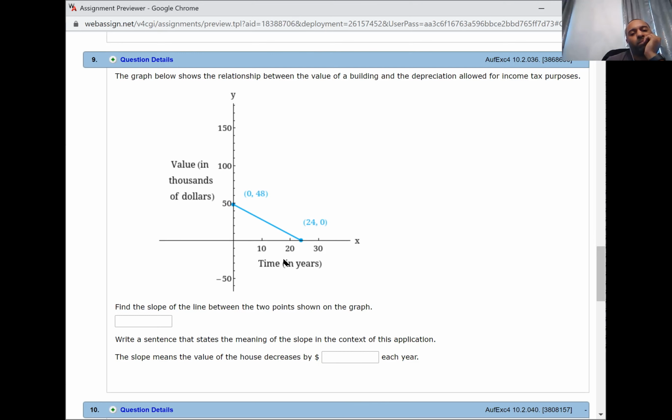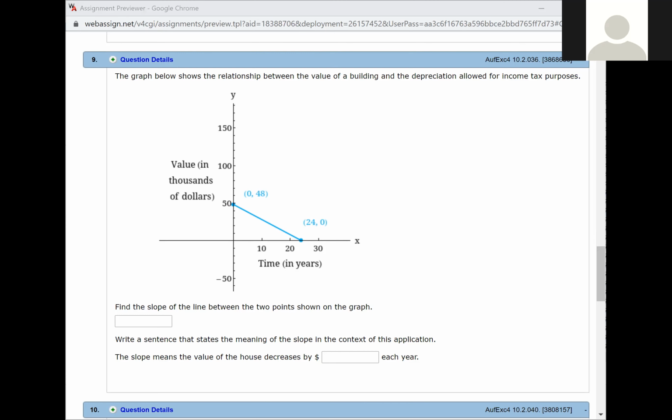The first point I have is 0 and 100, so 0 is X and 100 is Y. And then the other one is 20 for X and 0 for Y. And so I got -5 and I got that right. But I was not able to find the part that says the slope means the value of the house decreased by, and I didn't find it. So I was confused about why.